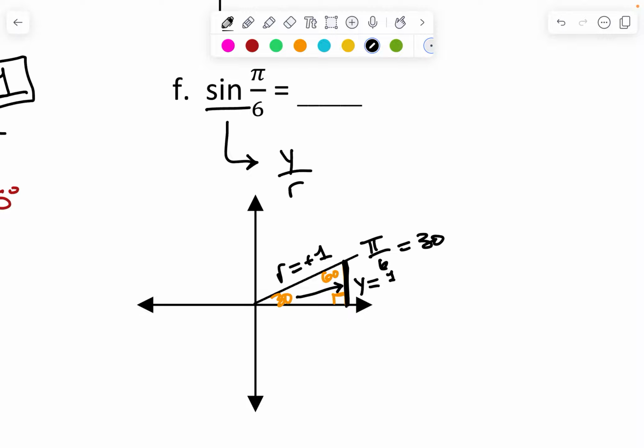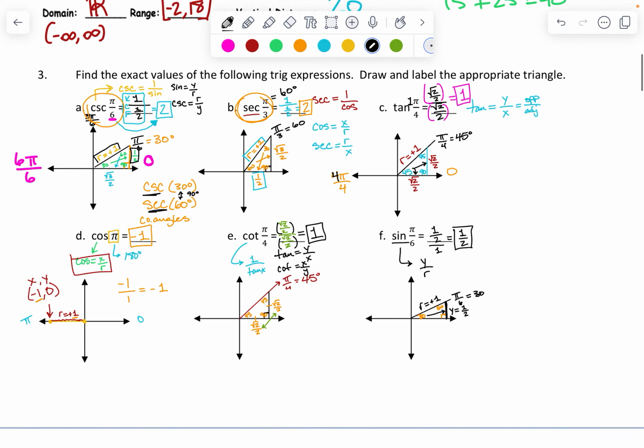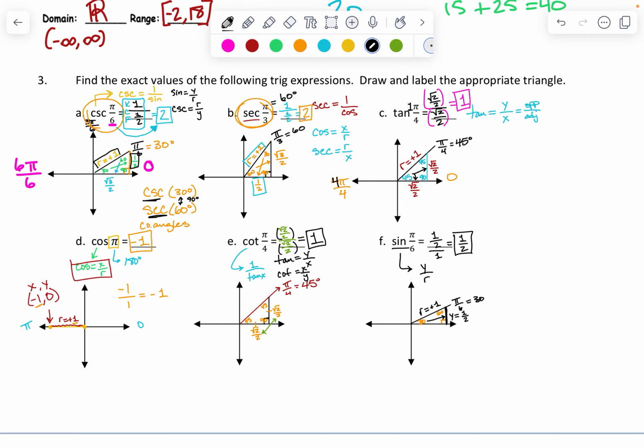So the short side of a 30, 60, 90 is a half. So in this case, y over r is 1/2 over 1, which is just 1/2. So that is how you find your trig ratios when given the angle and asked to draw a right triangle.